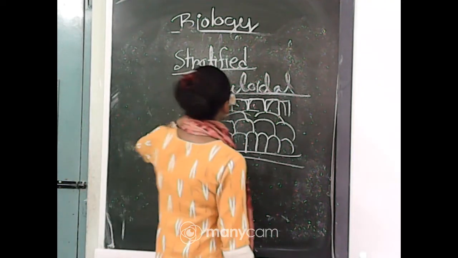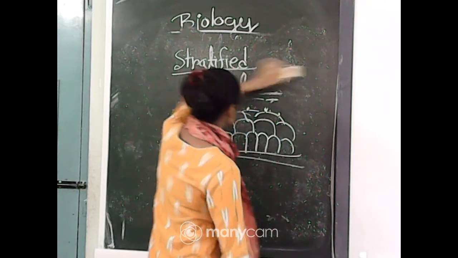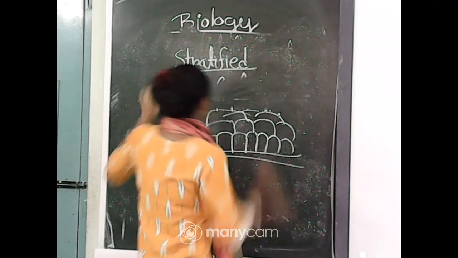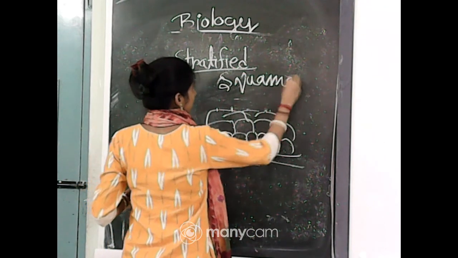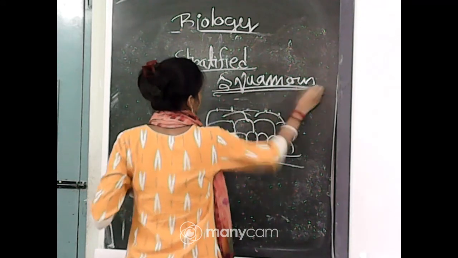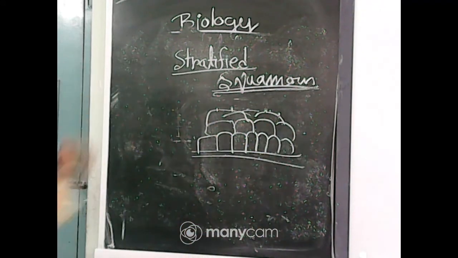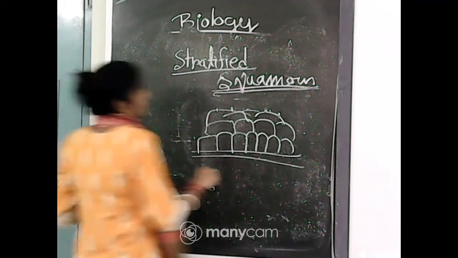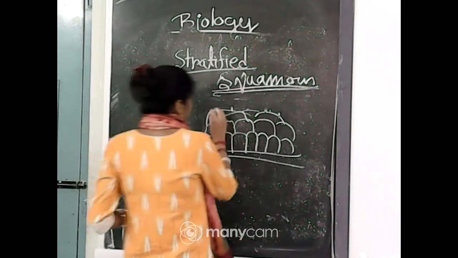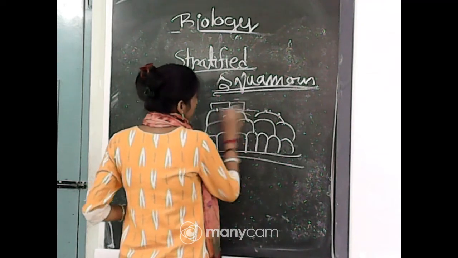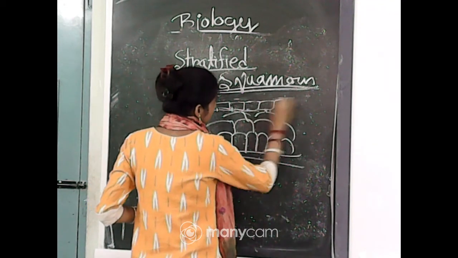Same in the case of stratified squamous epithelial tissue. What happens in that case? In stratified squamous epithelial tissue, the upper layer of the tissue is squamous.